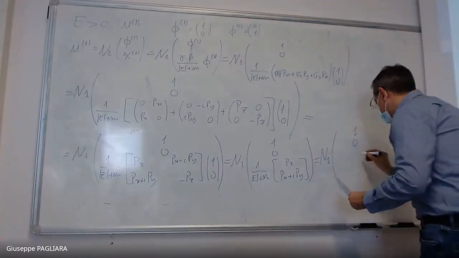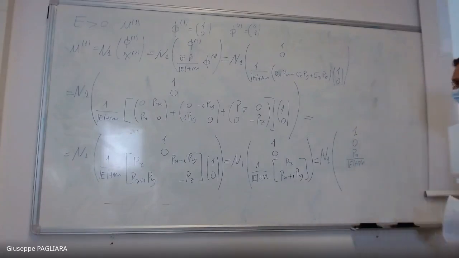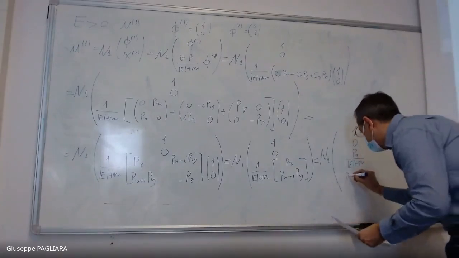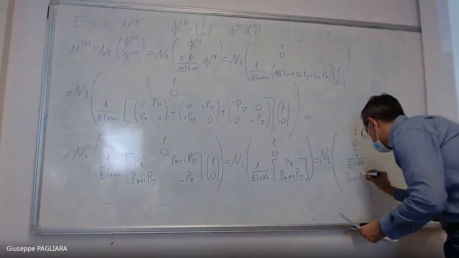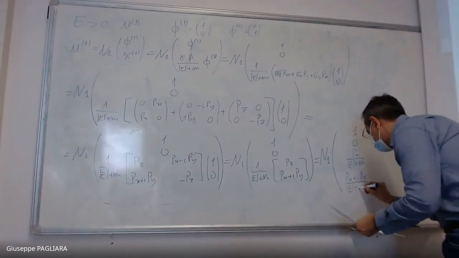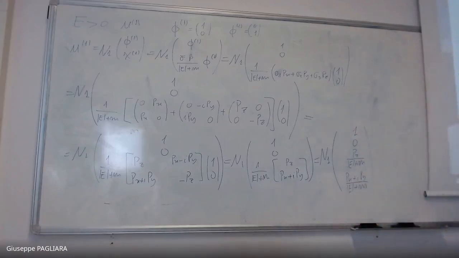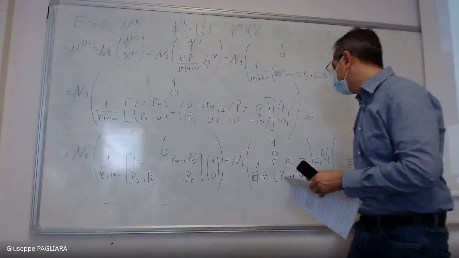Then we have pz divided by E plus m for the third component, and px plus i py divided by E plus m for the fourth component. This is our spinor. This is U1.